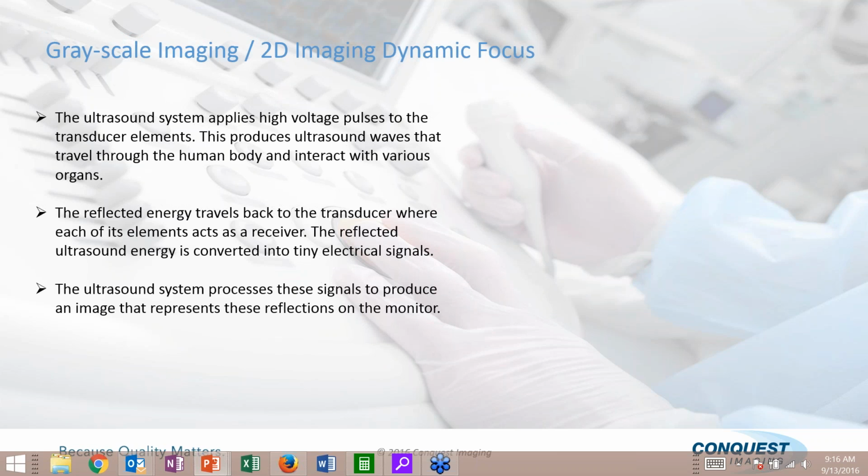Basically, the way an ultrasound system works, and it's really cool and very simple at the same time, is that the system generates high voltage pulses. These pulses go through the transducer cable and hit the crystals, which vibrate, creating a mechanical wave. The wave goes into the body and is reflected off of various structures and comes back at various intensities. A very dense structure will reflect a higher energy back, as opposed to a very soft structure, which will reflect a low energy back.